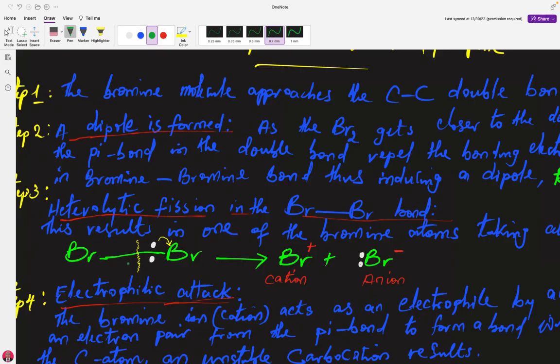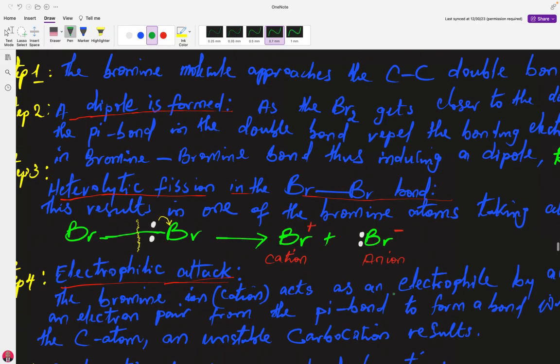They are supposed to be in the middle, but the electrons move towards one of the bromines. It comes to a point that there is heterolytic fission. Hetero means unequal division, unequal breakage. This one will break, and the other bromine will go with the bonding electrons, and this one will be left with nothing. So this one will have a plus charge, and the other a negative charge, and we call them cation and anion. That is step number 3.